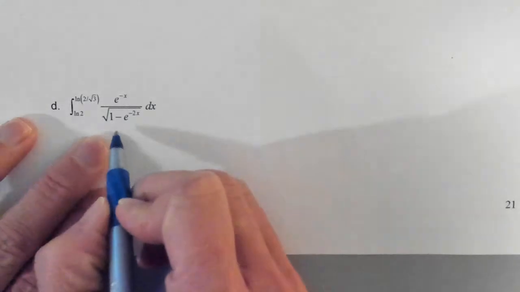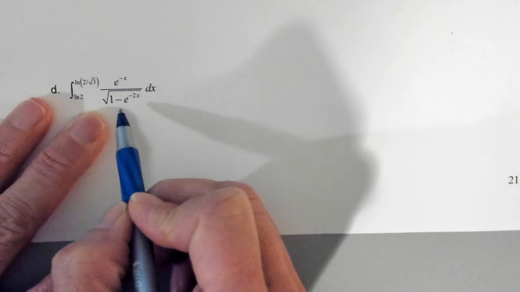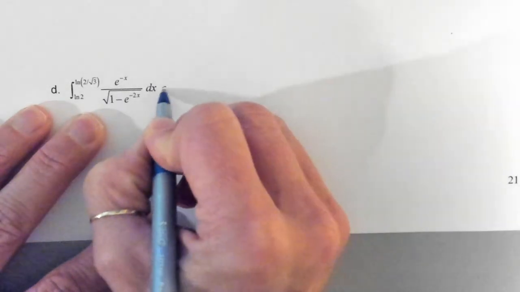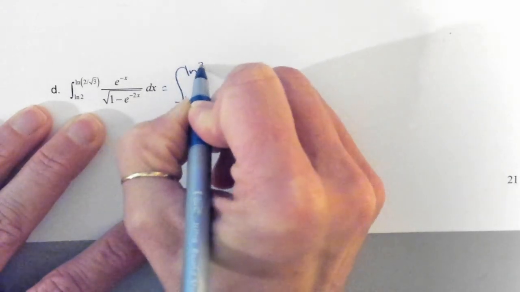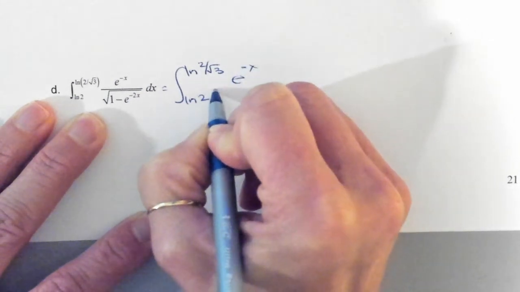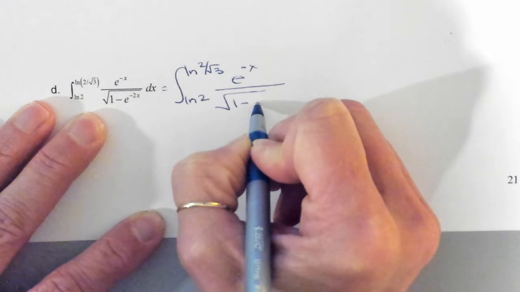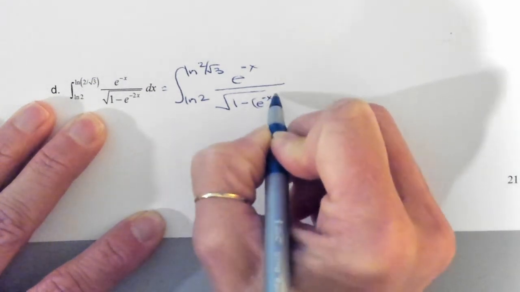Lauren said this looks like it could be an inverse sine. So before we do anything, we need to rewrite this. We've got the integral from the natural log of 2 to the natural log of 2 over the square root of 3. This is e to the negative x over the square root of 1 minus e to the negative x squared. Is that right? Like this?